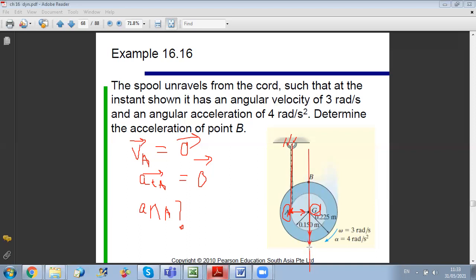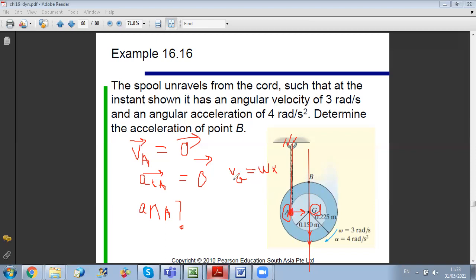Since I have rolling without slipping, whenever I have rolling without slipping, what can I write? Velocity of G equals omega of the rigid body times the distance from G to the instantaneous center. The instantaneous center is A because VA is 0.